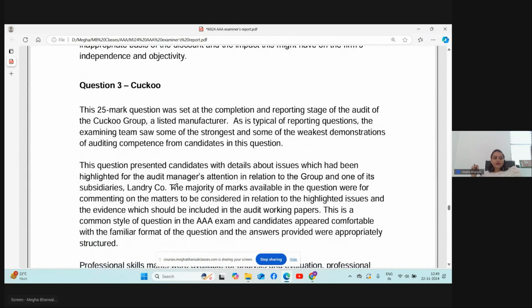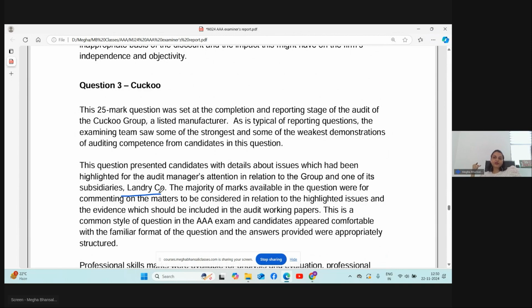Now, question three was a very straightforward question wherein they have given that there's a holding company. It had one subsidiary, Laundry Co, and this subsidiary they wanted to sell. They are considering this subsidiary to be sold. They have started, and all those conditions are mostly fulfilled.